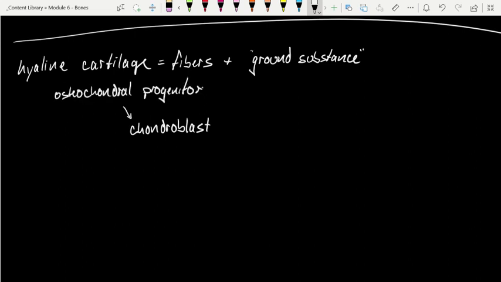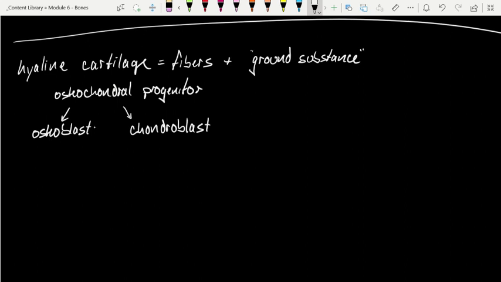And it's the same ancestral cell type that actually gives rise to the osteoblast, which is the cell involved in bone formation. And so we see that the osteoblast and the chondroblast, they're actually cousins. And so a lot of the patterns that we'll see in cartilage formation will be applicable also to bone formation.